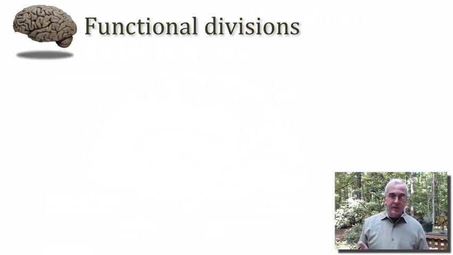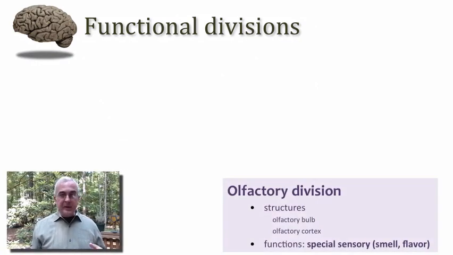Now, in Broca's day, what was noted was the strong connection between the olfactory bulb and this grand limbic lobe. So indeed, there is an olfactory division of this limbic forebrain that Broca recognized, and we know that this includes the olfactory bulb and the olfactory cortex.